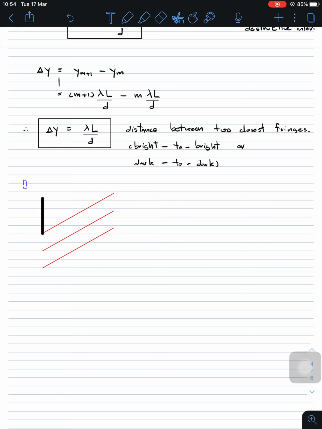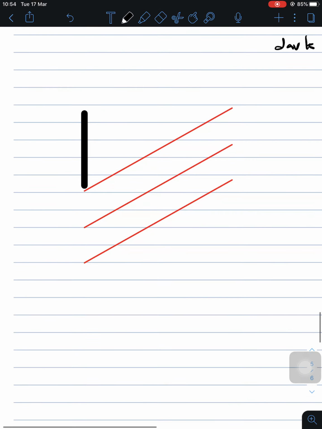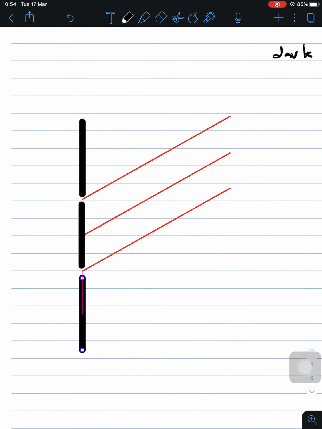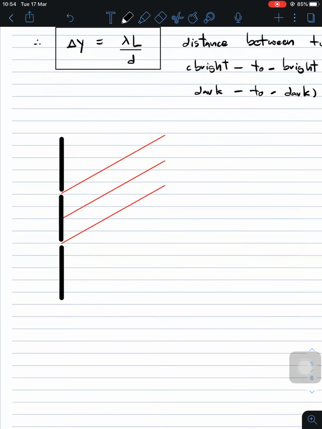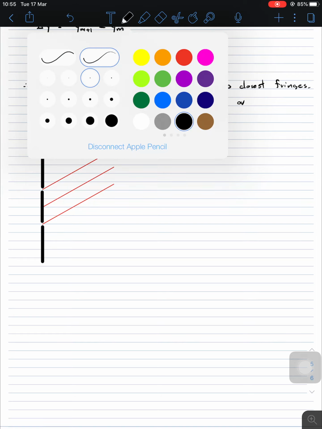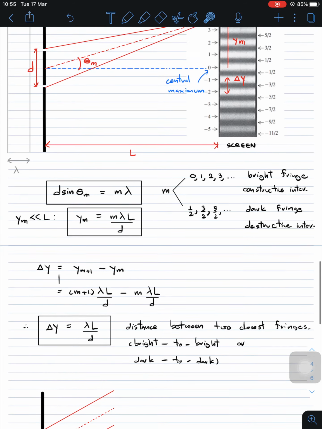This will be our slit. And don't forget that the center one is the dashed line, corresponding to this one.